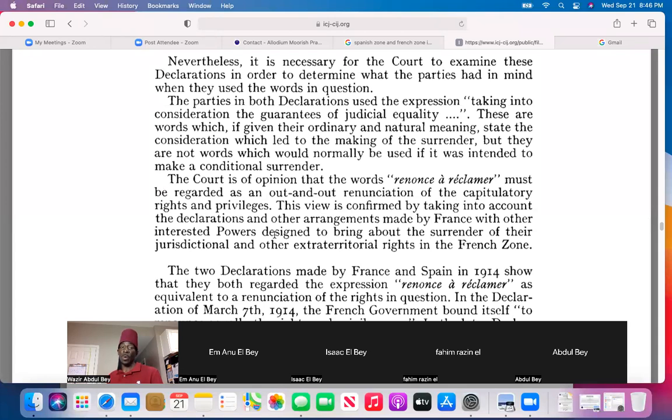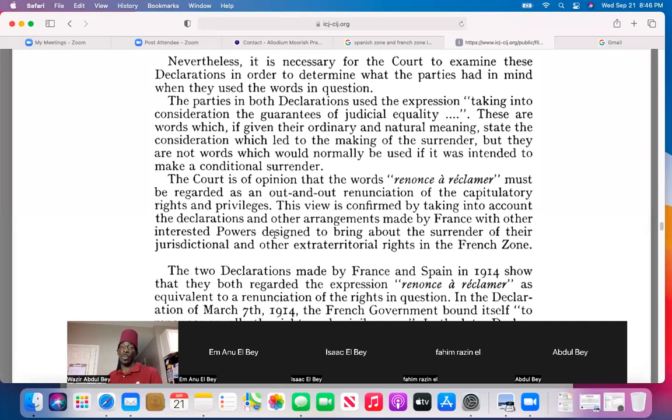But they are not words which would normally be used if it was intended to make a conditional surrender. The court is of opinion that the words renoncer à réclamer must be regarded as an out-and-out renunciation of the capitulatory rights and privileges.